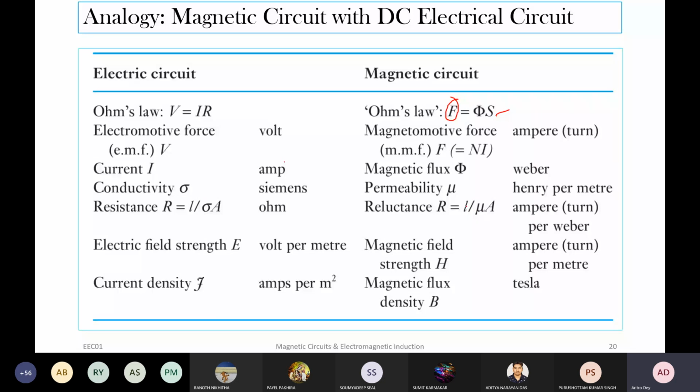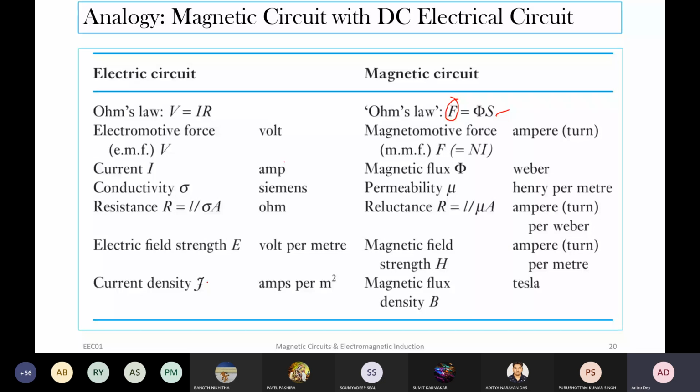Electric field strength is volt per meter, and magnetic field strength is H, which is Ni by L, that means mmf per meter. And current density is ampere per meter square, denoted by J, and here it is flux density B, which is in Tesla. So if you can remember this analogy, then it will be easy for you to solve magnetic circuits.